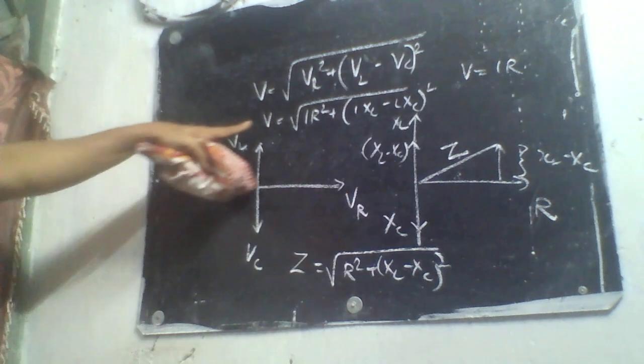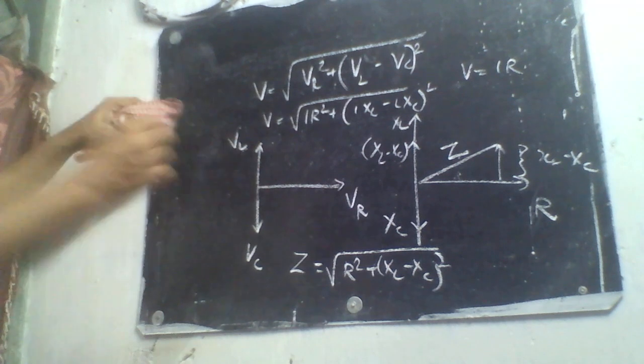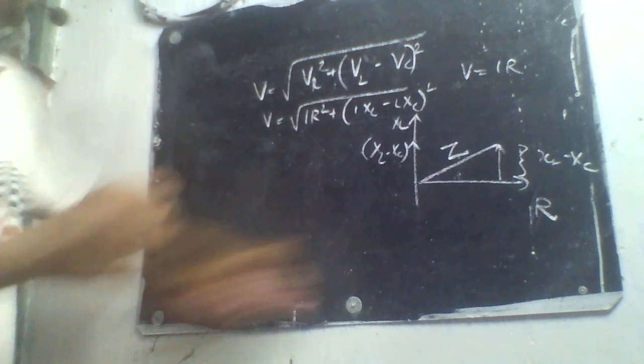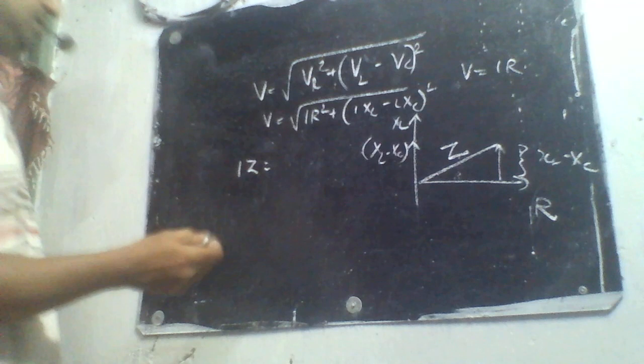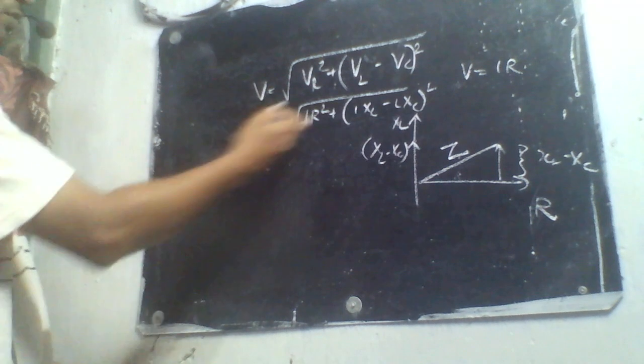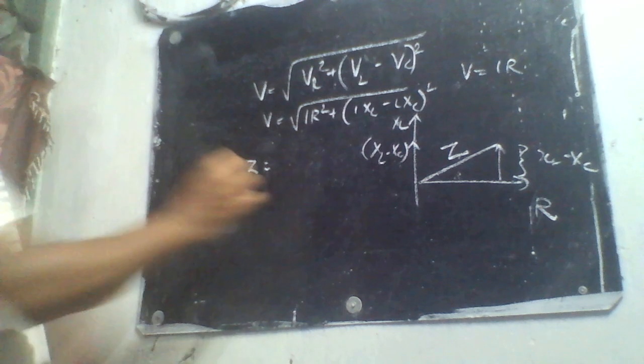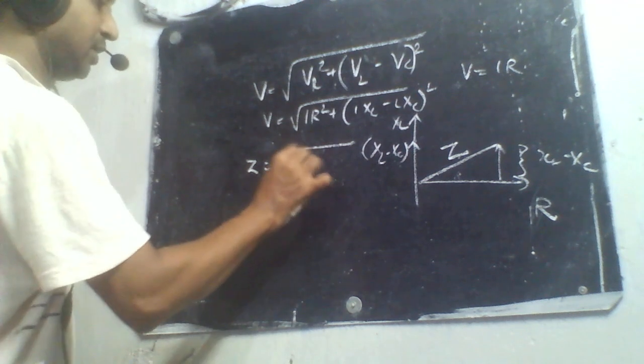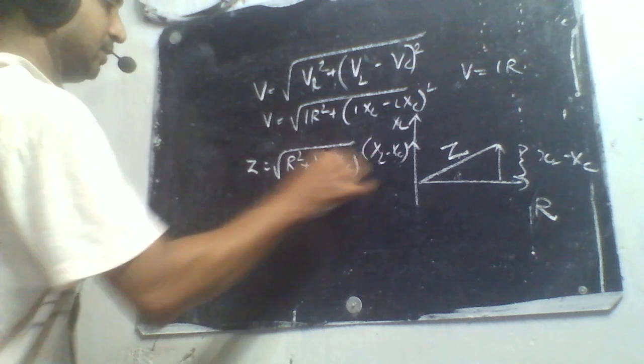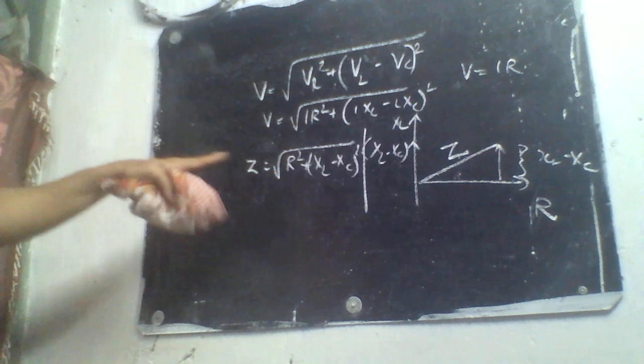You will take I out, so V can also be written as I times Z. Root out means only I will be remaining. That is how you get the equation Z is equal to root of R squared plus XL minus XC the whole squared.